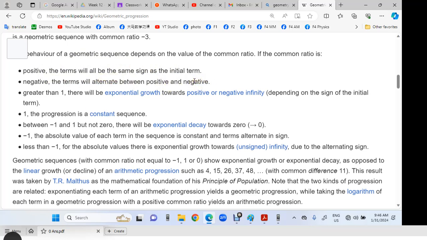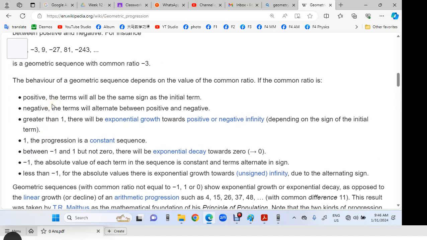If greater than 1, then there will be an exponential growth toward positive infinity or negative infinity. And R can be 1, then the progression is a constant sequence. So 5 times 1, 5. So 5, 5, 5, 5, 5, 5, 5 is actually a geometric progression. Okay, according to this, 1 and negative 1 can be geometric progressions.